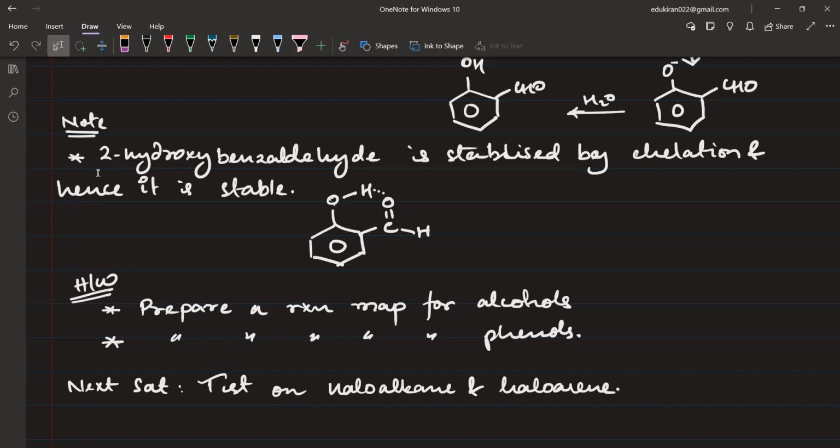We have different types of product that we get. Then we have one known as the iodoform test. Then there are some more tests. So for the tests, we will do one lecture, we want to finish all the tests in one lecture. So maybe next we will be doing preparation of ethers and then the tests also.